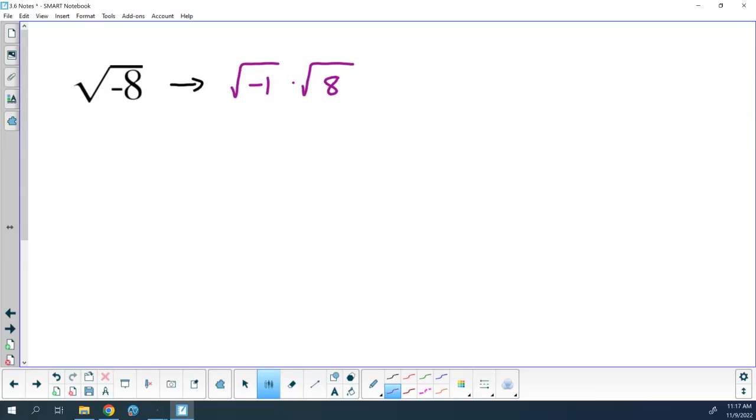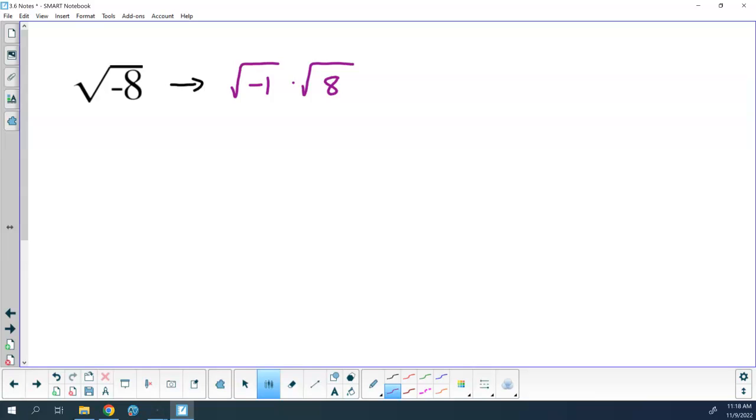11th one, 121. 12th one, 144. 169 for 13. 196 for 14. 15 is 225.